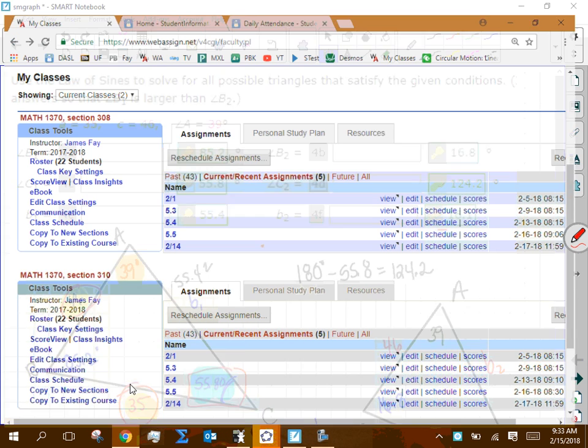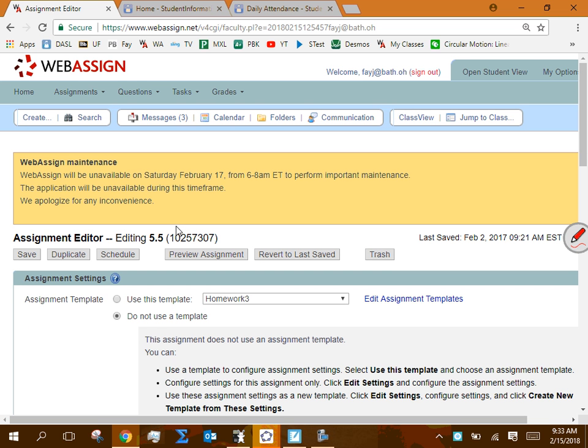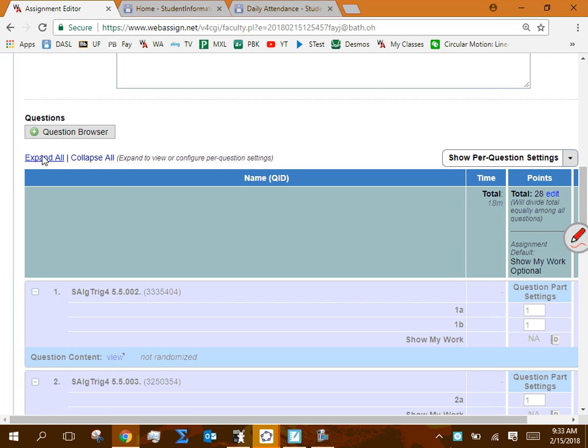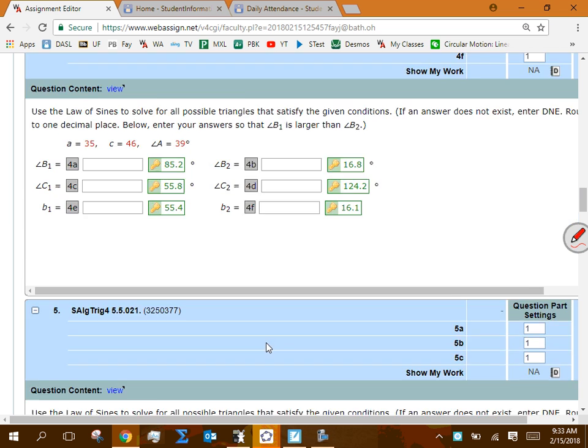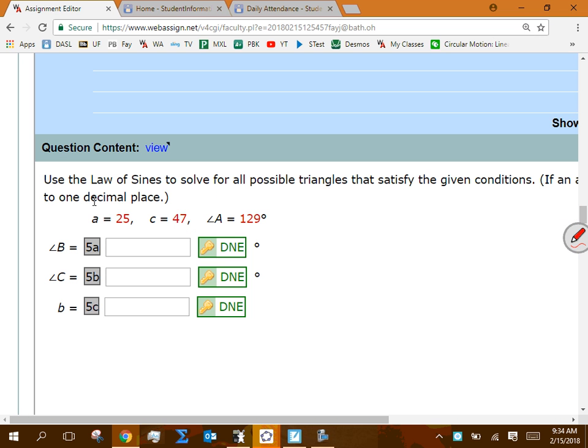I guess I got to open it real quick. Something like this one, where it says a is 25, c is 47, and angle A is 129.